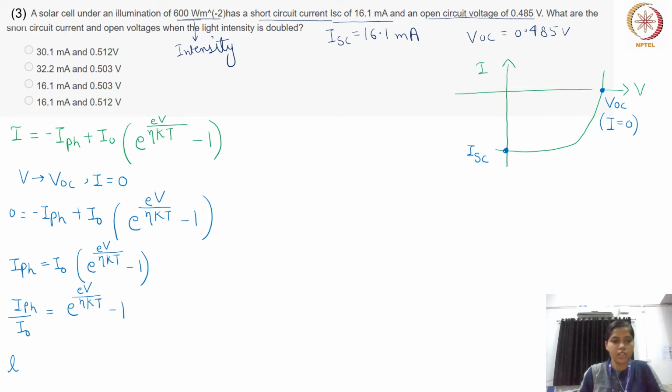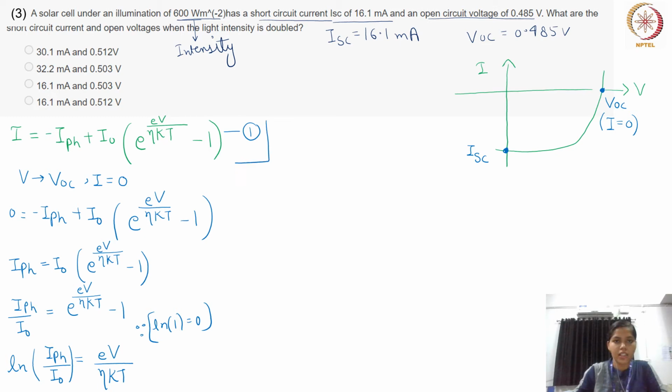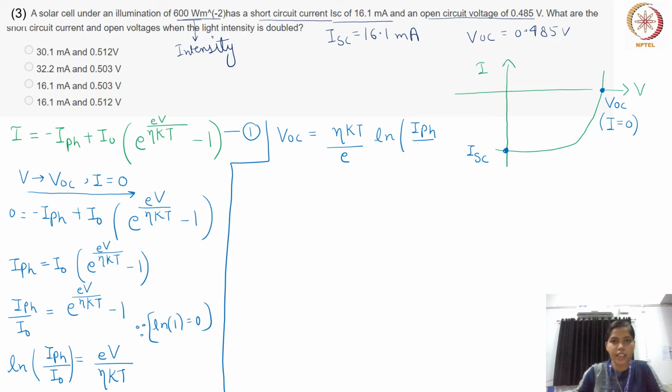And we can further reduce this expression like ln of IPH divided by I naught is equivalent to EV divided by eta KT, since the 1 value is negligible. Since we have taken the condition that I equals 0, V will be VOC, so we can further write VOC equals eta KT divided by E ln of IPH divided by I naught.